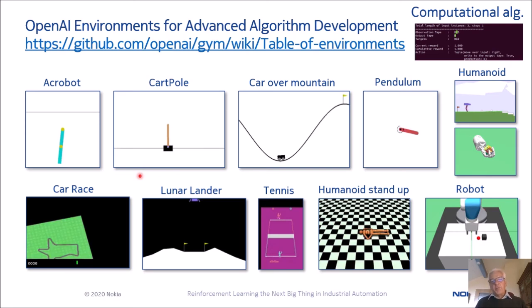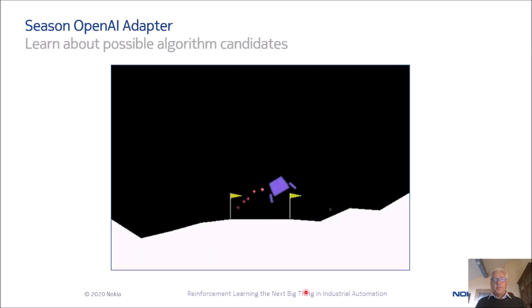You have to land the spacecraft between those two flags. Or you can play tennis games, robot applications, and even simple computational algorithms for sorting and changing string patterns and things like this. So this gives you a nice introduction on that.